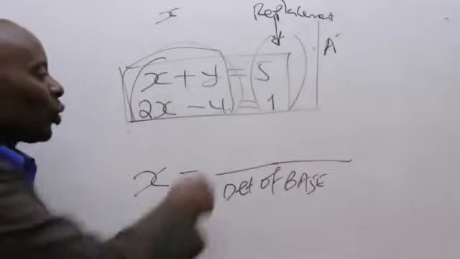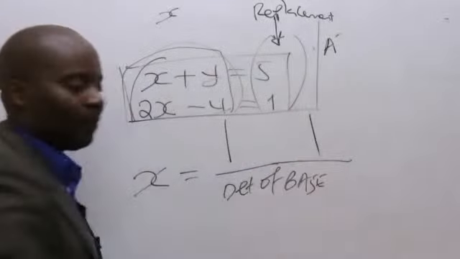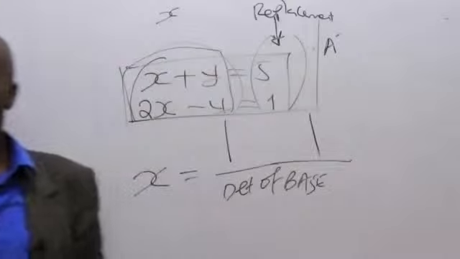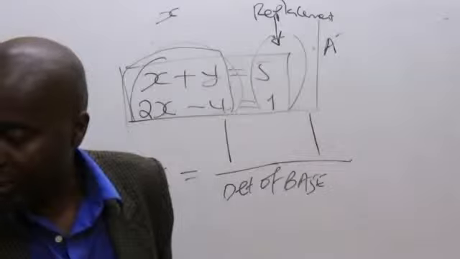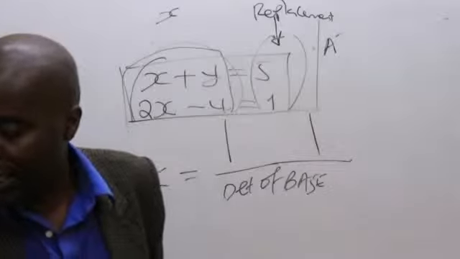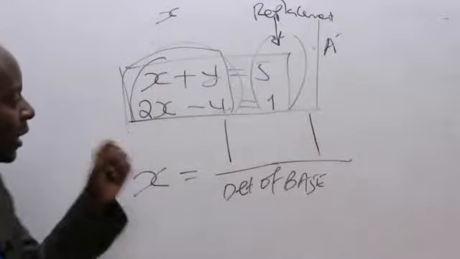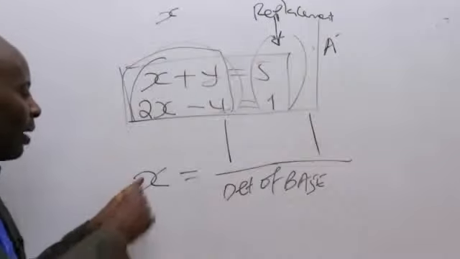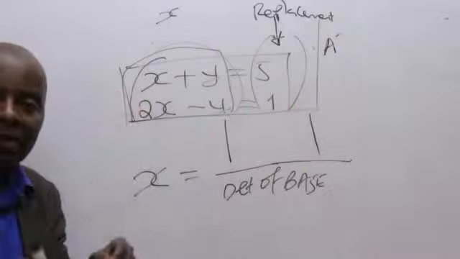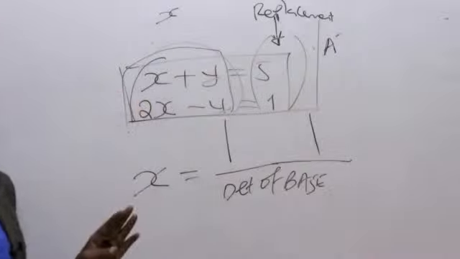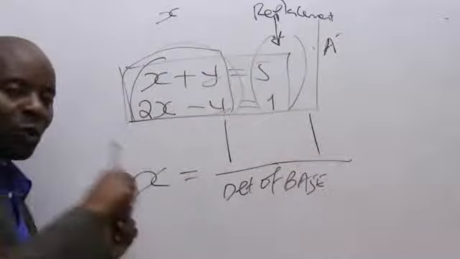Listen to me very well. How do I construct my numerator matrix? To construct my numerator matrix, ladies and gentlemen, what I will do is to understand this, that if I'm after x, the column of x must disappear. If I want to get x, what have I said?